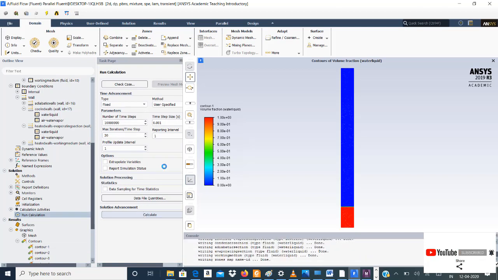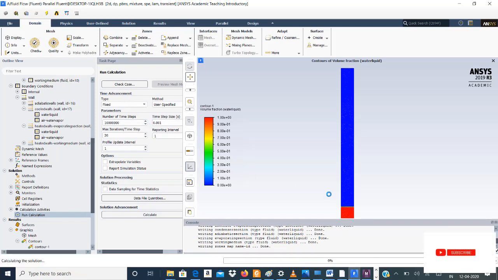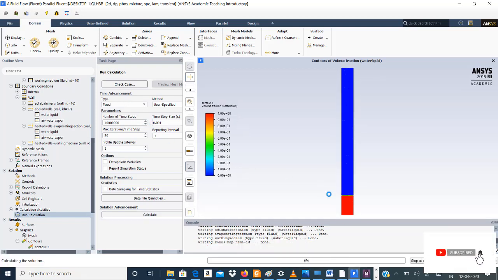The time step size is 0.001 seconds, and for the number of time steps I have given a maximum time step number.